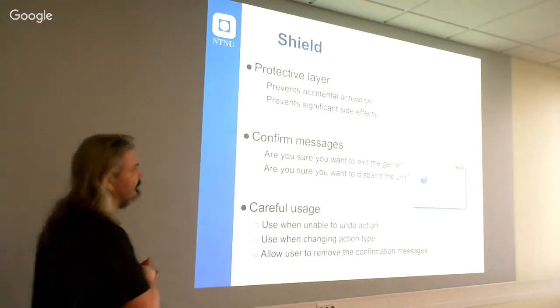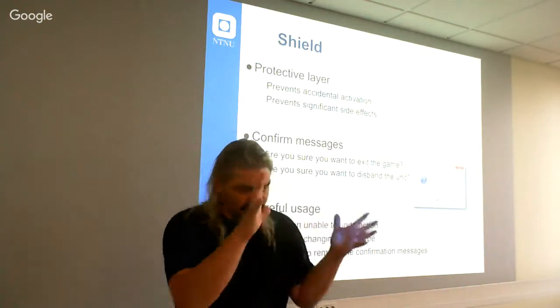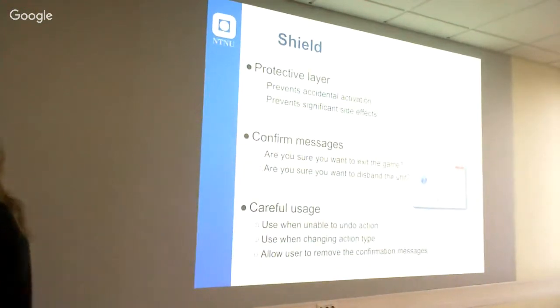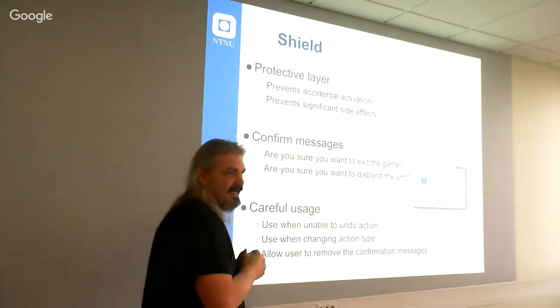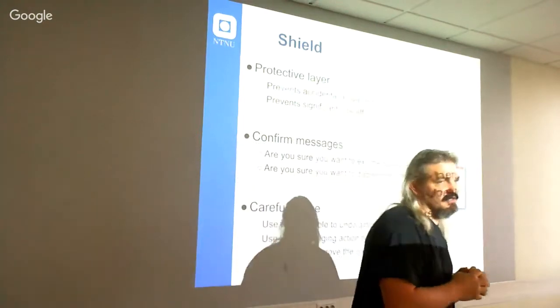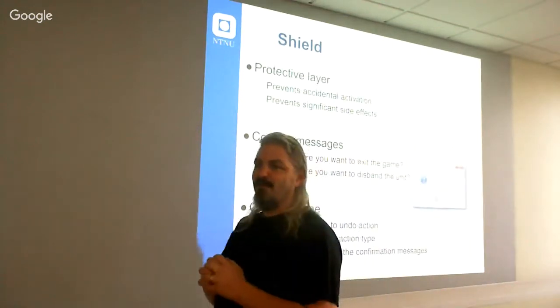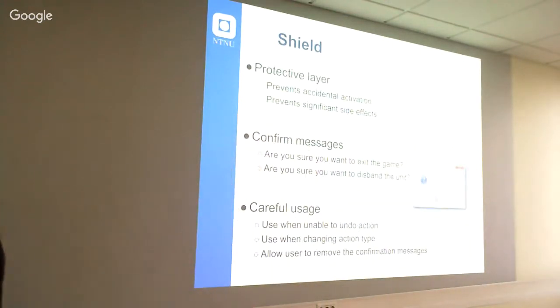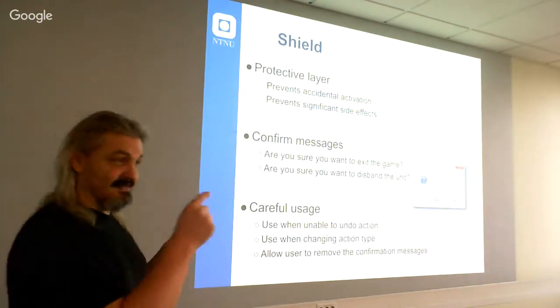Okay, so let's get down to some more specific patterns. Those were kind of general concepts. A more specific pattern is the shield pattern, the protective layer pattern, right? When you do an action that is irreversible, before you complete the action, you pop up a thing saying, "Are you sure?" So that you can then click yes to say, actually, yes, I did mean to do that.